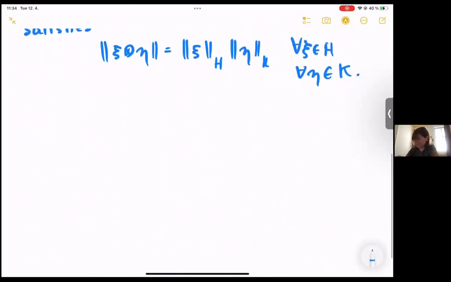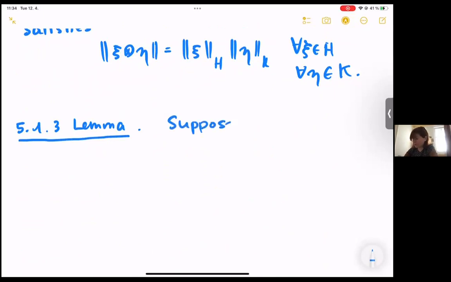And I believe we stated but did not prove the following lemma. And that's about the tensor product of two bounded operators.